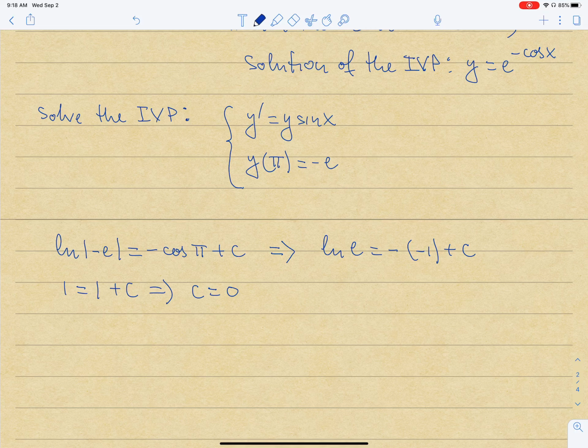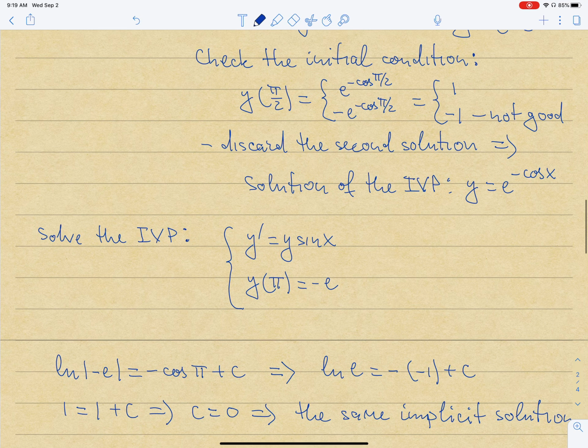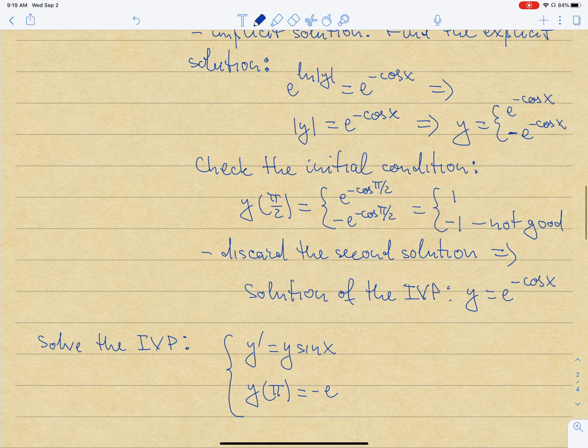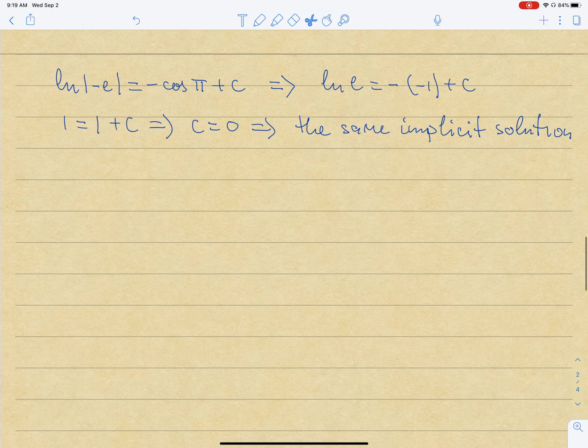So then what do we have? So the same implicit solution as before applies, right? And that implicit solution was that ln of absolute value of y is equal to minus cosine of x, right?